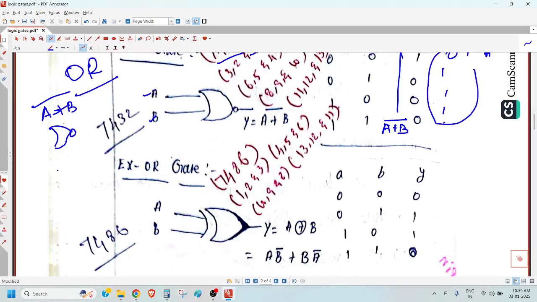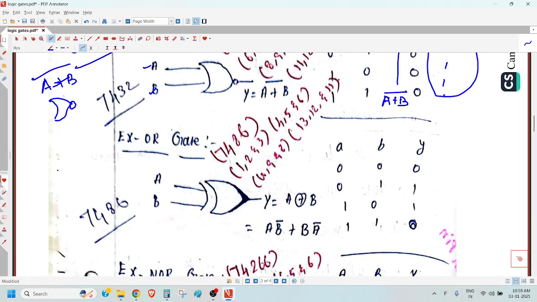Next we are going for the XOR gate. Already you know this is the OR gate. For X you have to use one more flying shape, half of the flying shape. So A, B, then this is X, this is called the XOR gate.